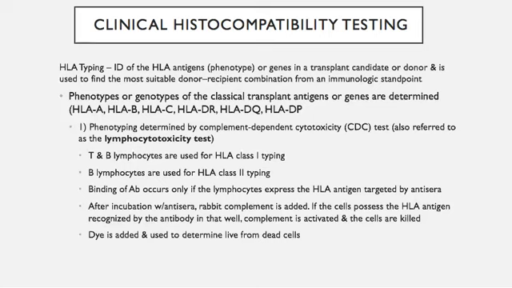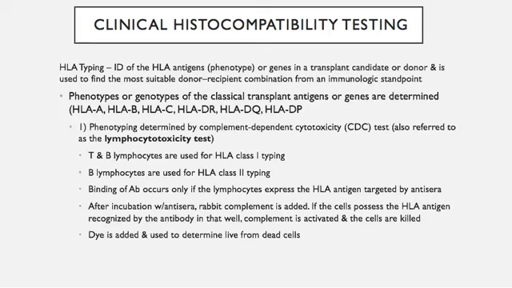You can think of it in the same way that we think about doing cross matches and finding compatible blood products for a patient. But when we're talking about tissue and organ transplantation, it's much, much more involved.